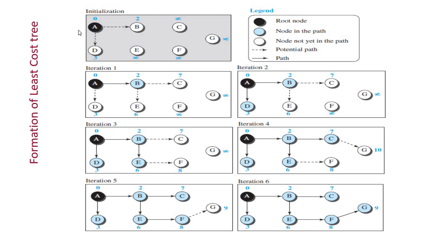For example, consider that this is a network, and for this network A is considered as the root node. First of all it is connecting node B with A, because when comparing B and D, the cost value to B is less.